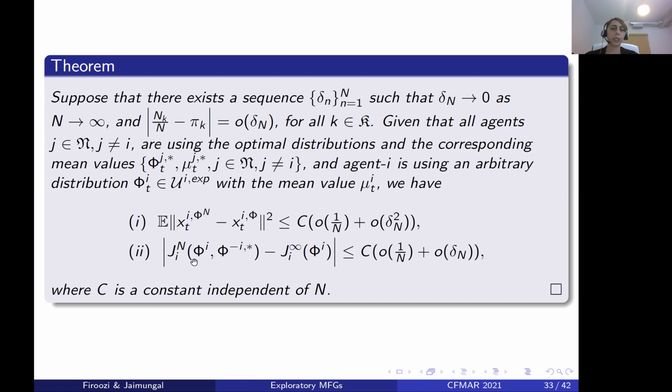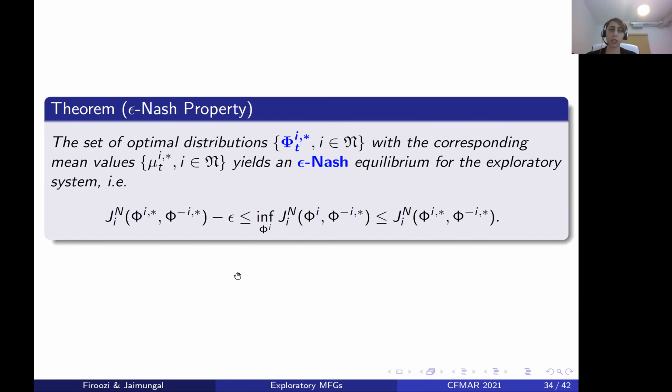Moreover, we can show that the magnitude of the difference between the finite population objective function for agent i and its infinite population objective function is of order 1/n. This is again with the assumption that all other agents are using the optimal action distributions that we have obtained. So we can use these two properties to show the epsilon-Nash property for the exploratory system.